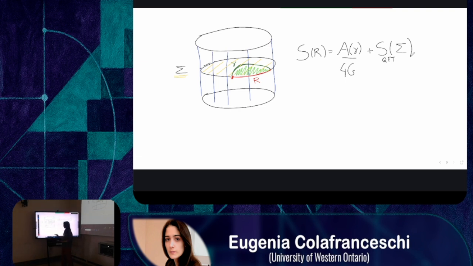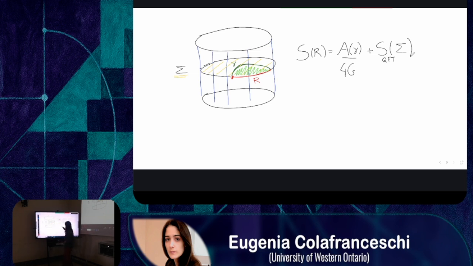So we started with the system, what we call gravity in a box. So we have our system with a finite distance, and we considered on this slice, sigma, a subregion of the boundary of sigma, we call R, and we ask what is the entropy associated to this region.